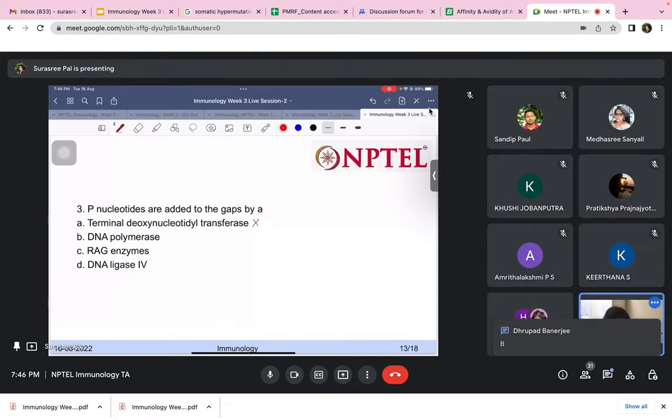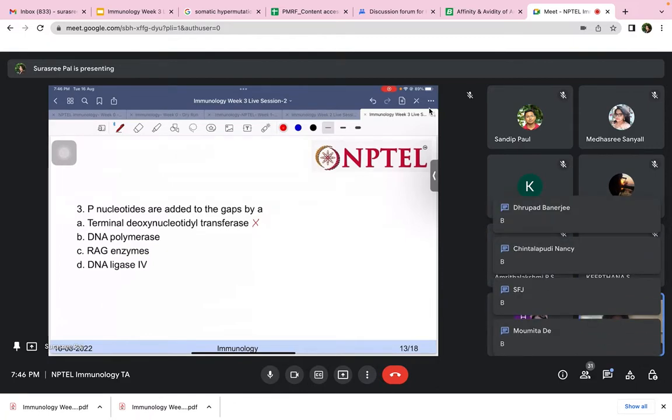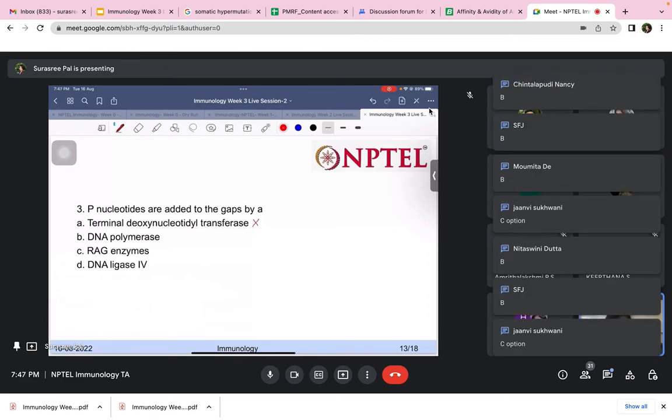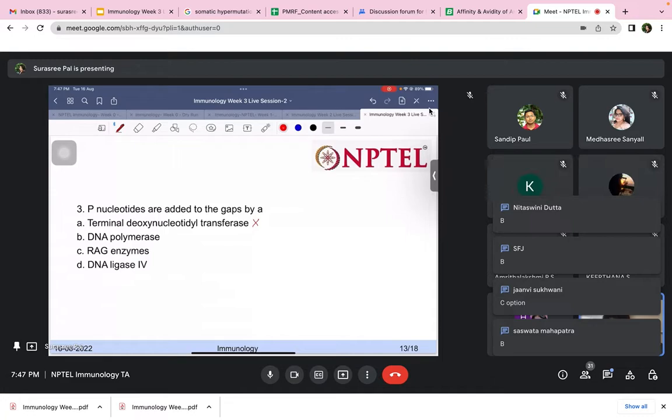D? No. D is not correct. Ligase is an enzyme which joins the phosphodiester bond. Ligase is not an enzyme which can add nucleotides.